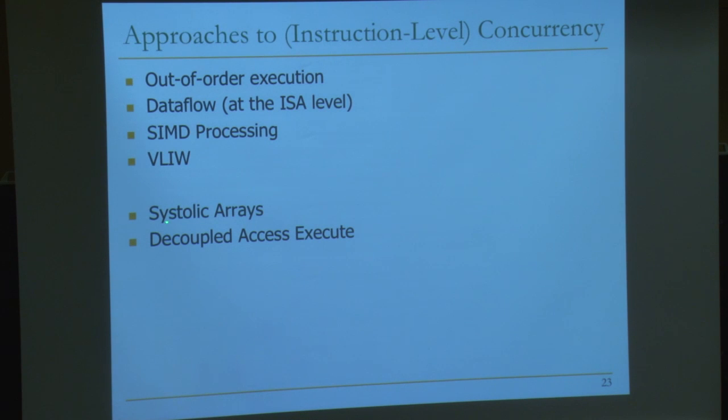There are other approaches, systolic arrays. We'll talk about that briefly. Basically, you pump the data into a bunch of functional units or maybe processors, and those processors transform the data into something else and pass it on to some other functional units or processors, and they transform the data to something else and pass it to the next set of functional units.